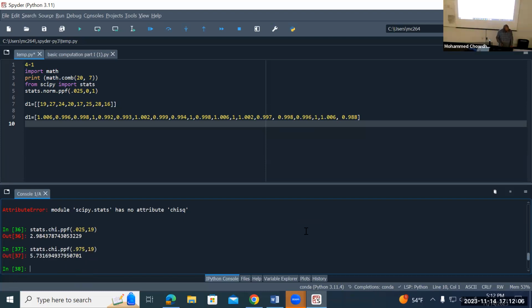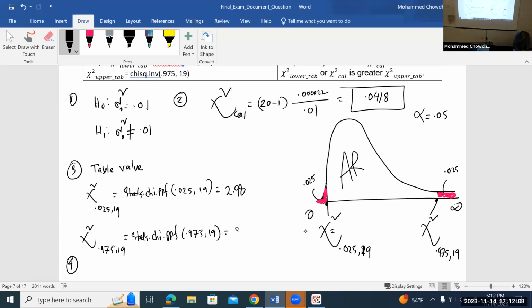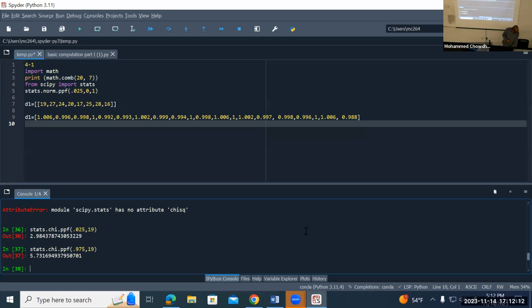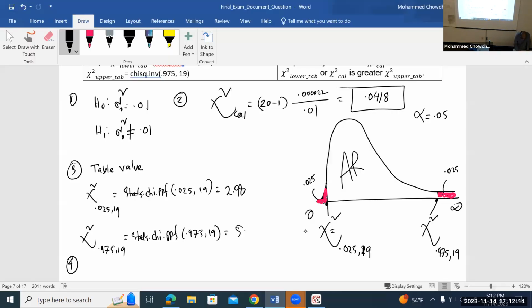So that one is equal to 5.71. Clear, right? So that one equal to 2.98, and that one equal to 5.71.